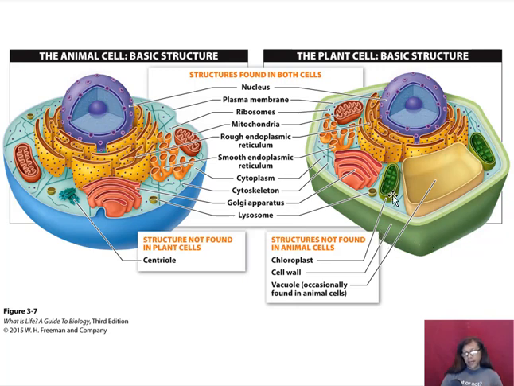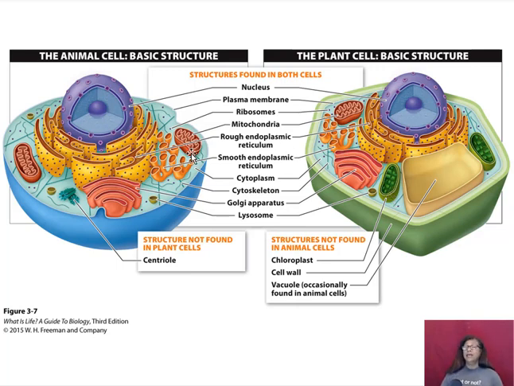Plant cells will have chloroplasts, and that's where they're actually conducting photosynthesis. We're going to learn more about that as we move forward. Animal cells do not have chloroplasts. We cannot conduct photosynthesis. We can't use light to actually make energy the way plants can. Now, here's a point that most people get confused on.